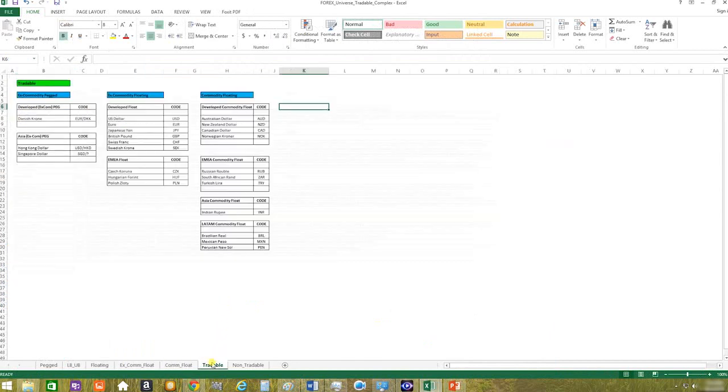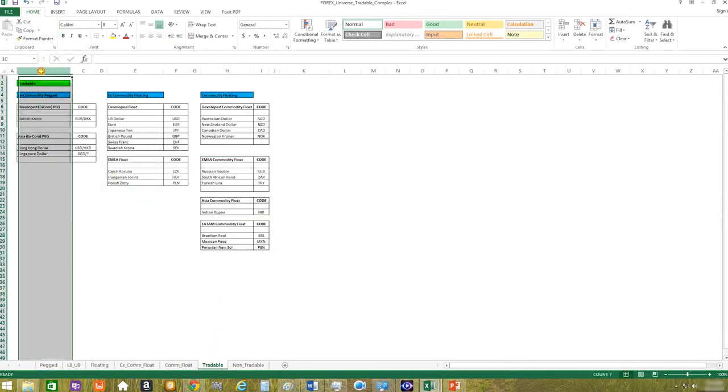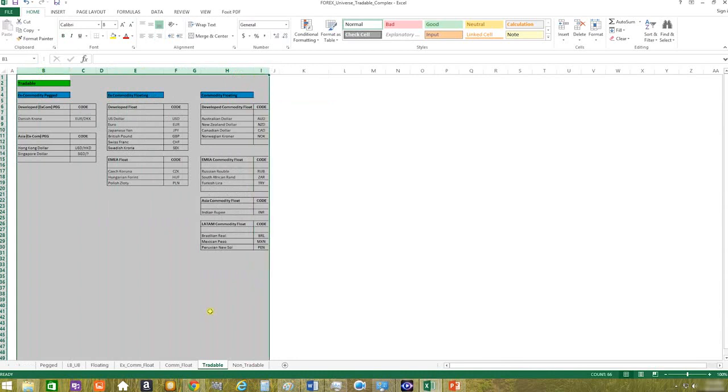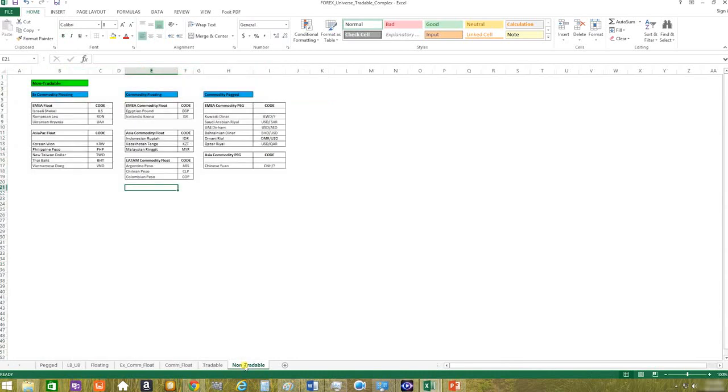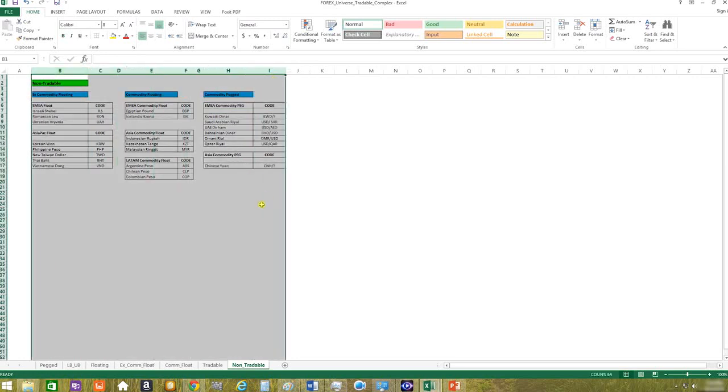And we've got this list for you here in the Forex Universe Tradable Complex spreadsheet in that file. And we have all the tradable instruments here. What we've also got is what's generally not tradable. So we've split that up into the ex-commodity floating currencies, the commodity floating, and the commodity pegged currencies. These are a universe that basically are generally not tradable on retail trading platforms.